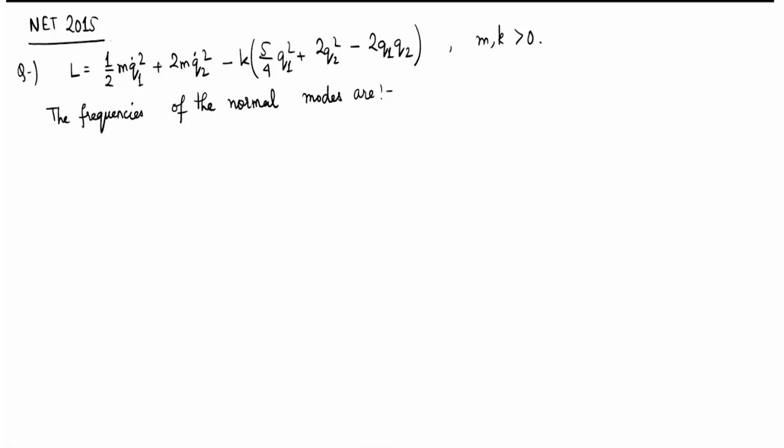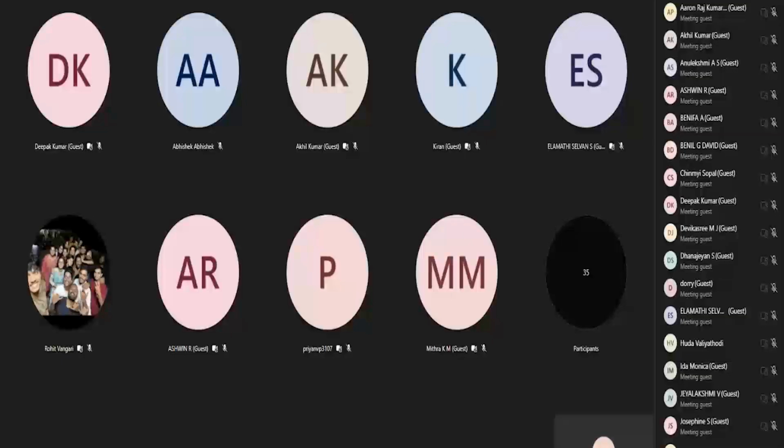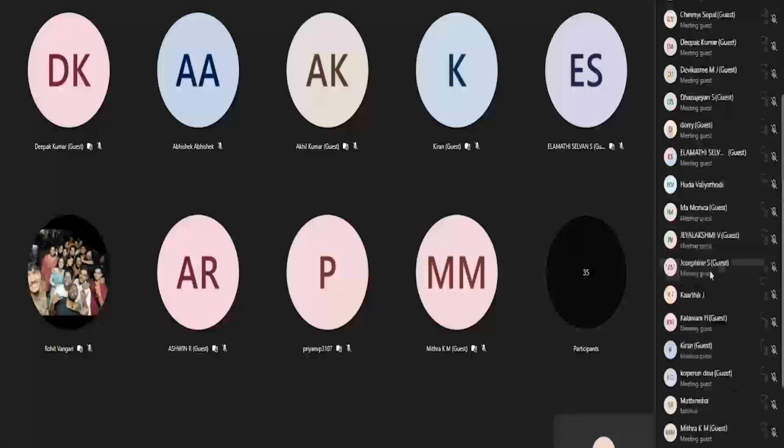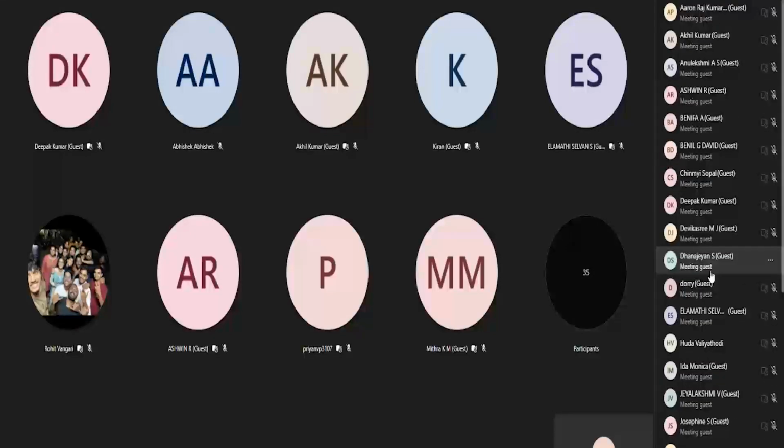So then before coming, let's see what is this normal modes of oscillation. How many of you have done the normal modes, small oscillations? Can you please raise your hands? How many of you have done the normal modes? I'll just see.